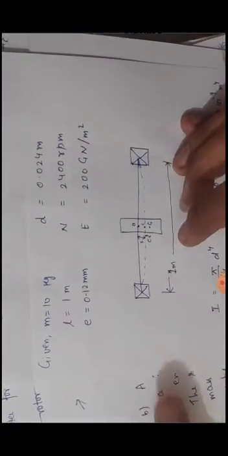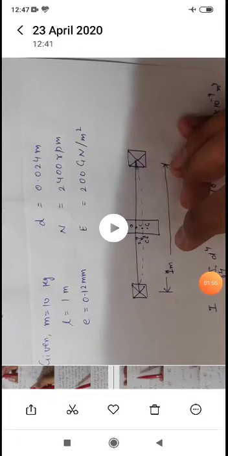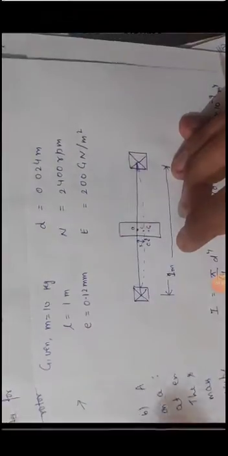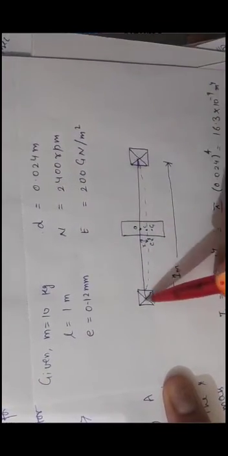So this is the numerical on critical speed without damping. We will solve this question. This is the given data. A shaft is given which is supported between two bearings, and a rotor is given at the midpoint of the shaft. The mass of the rotor is 10 kg. L equal to 1 meter means the span, the distance between the two bearings, is 1 meter.